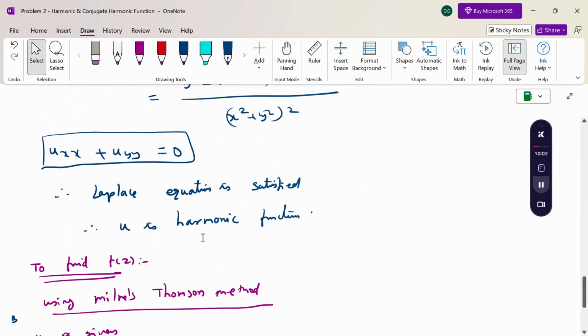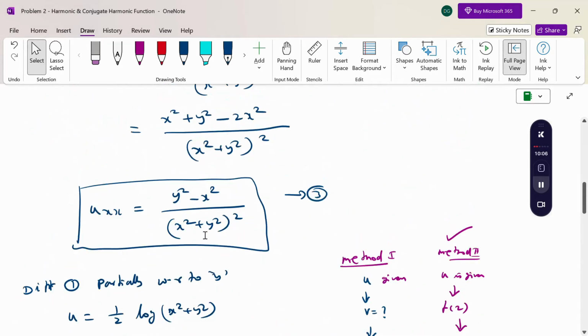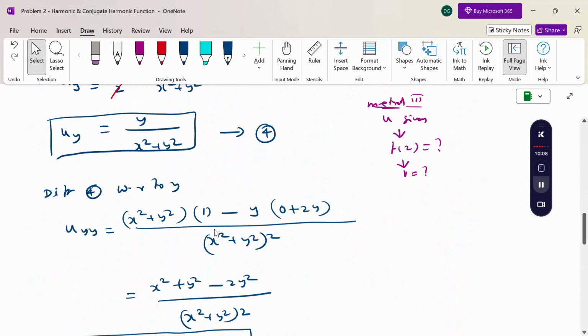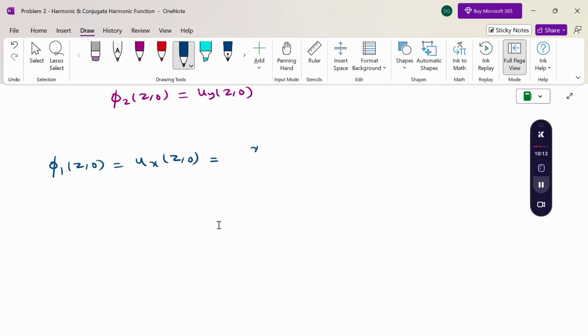The ux value is x by x square plus y square. Then substitute z comma 0, where x is replaced by z and y by 0.